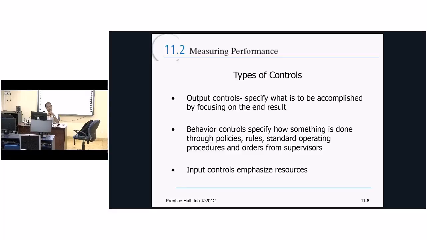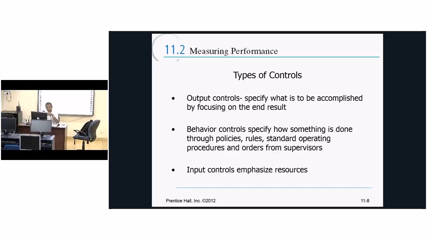That is why you need to have policies and rules. For example, the in time and the out time is a rule: you need to come to work at 8:30 or before that, and you can leave after 5. Why is the rule there? To make sure people come here and do work during the specified period.